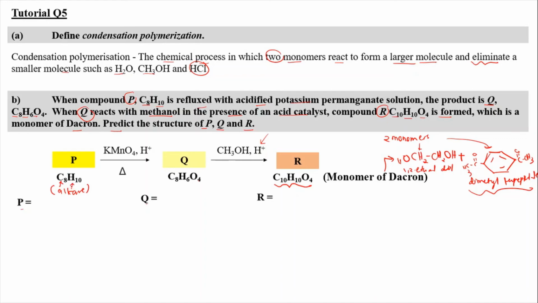But you know that it cannot be a straight chain alkane like this because the number of hydrogen does not tally with the carbon here. Kalau alkane biasa dia akan jadi C8H18, right? Kalau alkene pula dia akan jadi C8H16. Okay, this is an alkene, so you know that it cannot be something like this.